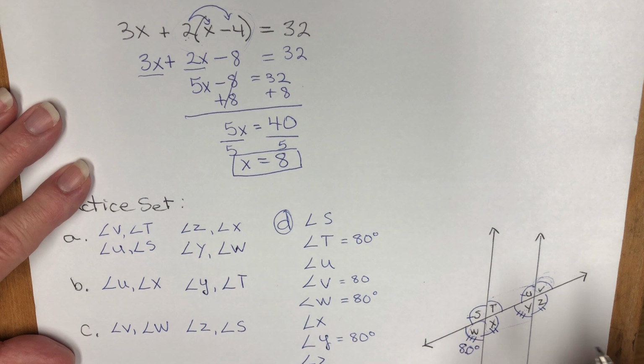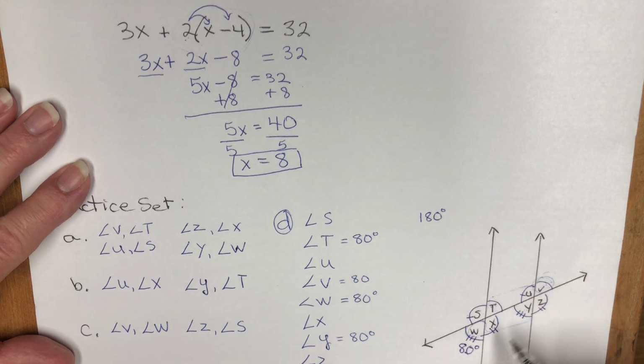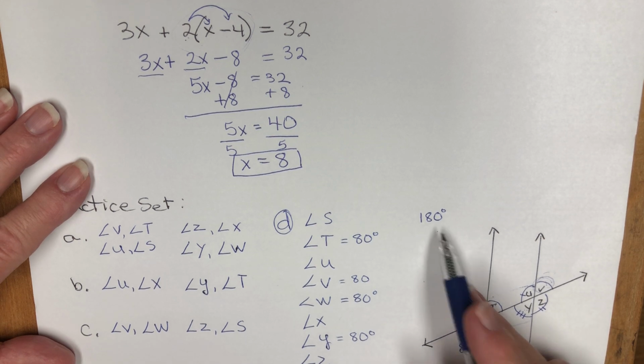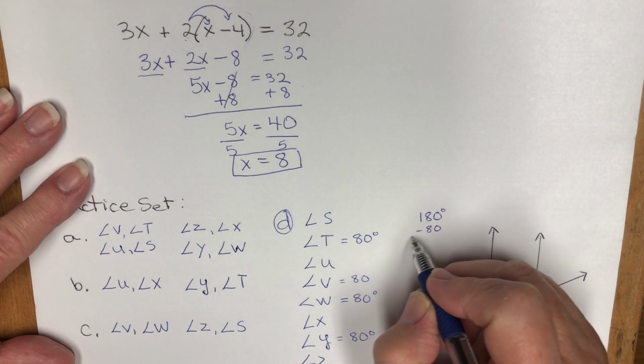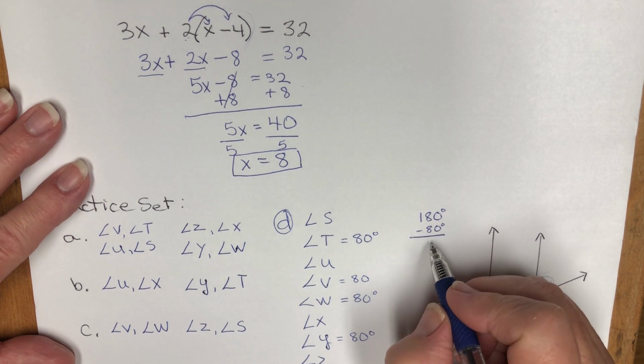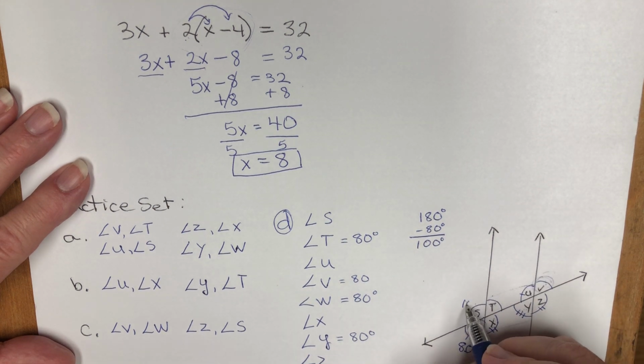Now we have to figure out, okay, a straight line is 180 degrees. We know that W is 80. That means if we subtract the measurement of W from 180, we're going to get the measurement of S. So I'm going to set up my problem, 180 degrees minus 80 degrees, and it's a nice cool 100 degrees.